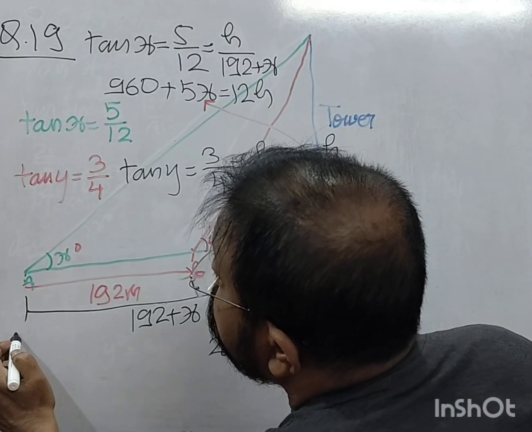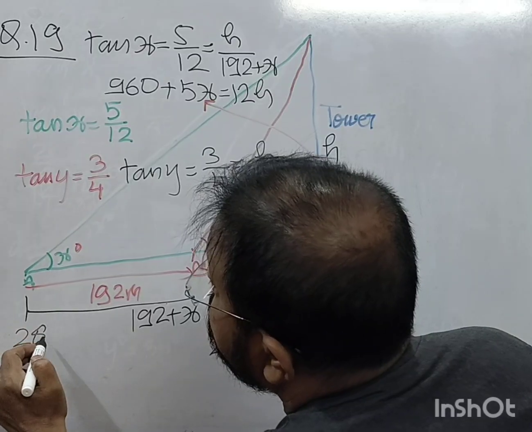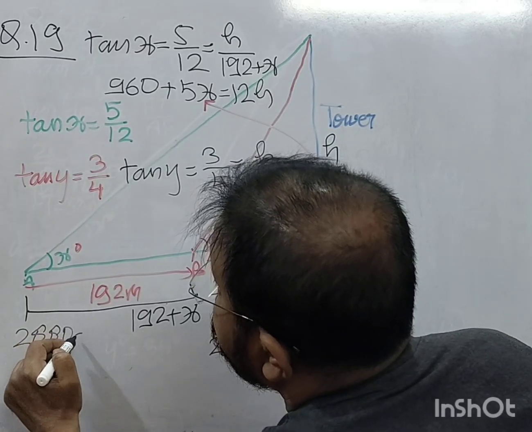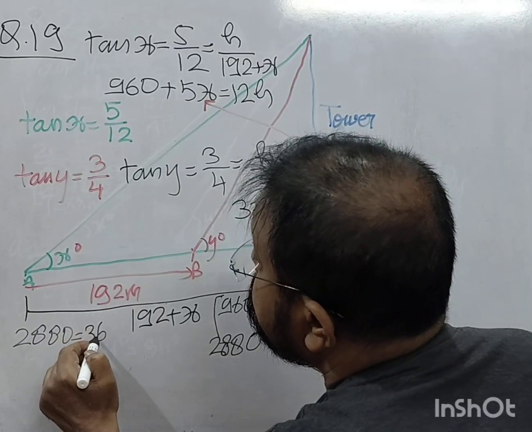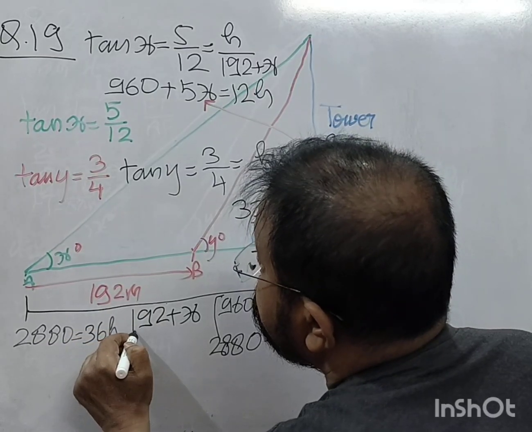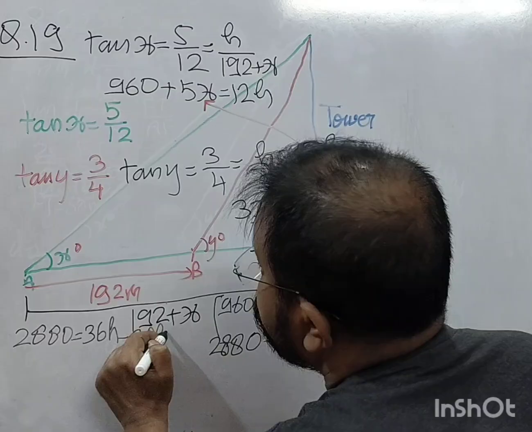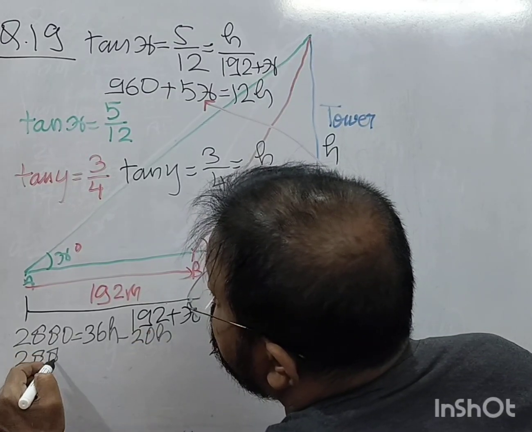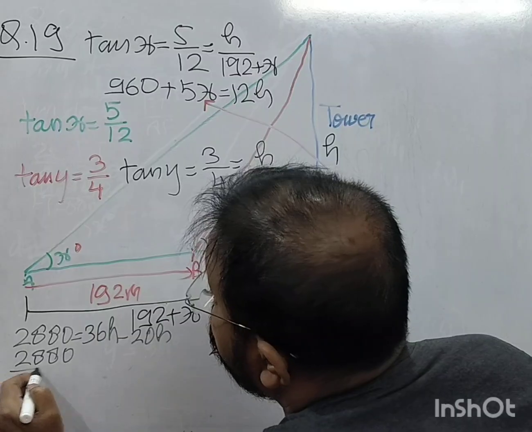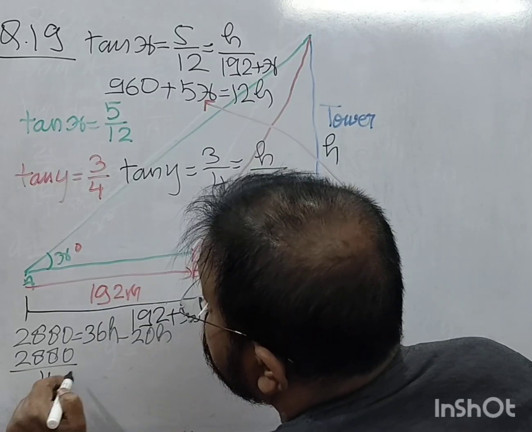So you get 2880 is equal to 36h minus 20h. So 2880 upon 16 is h, right?